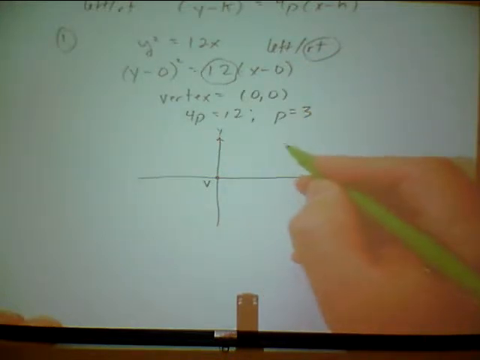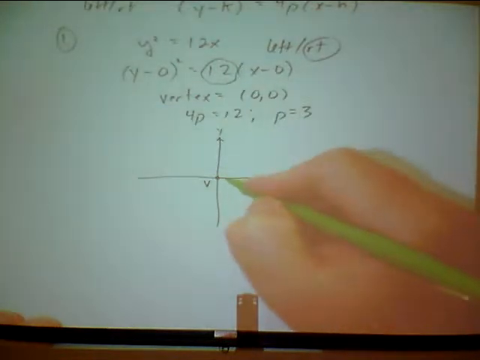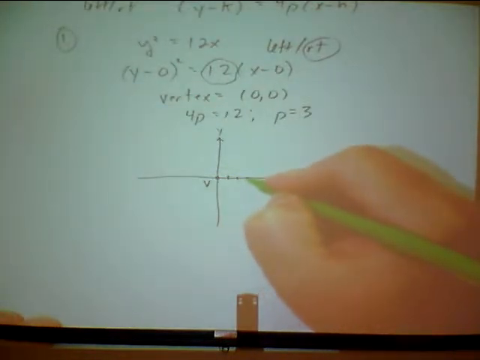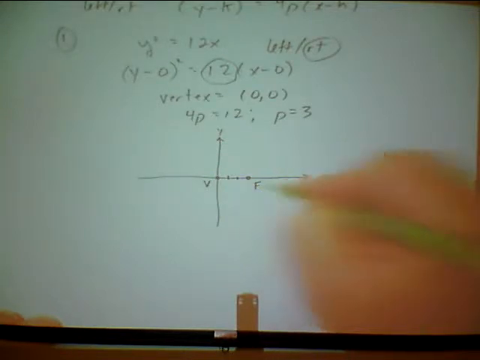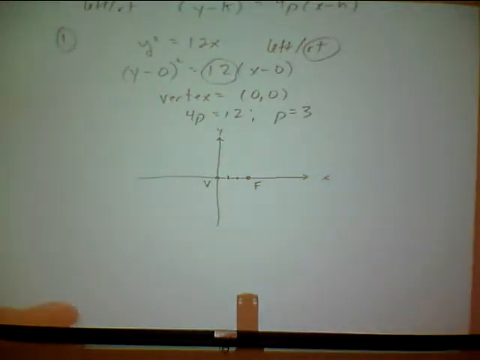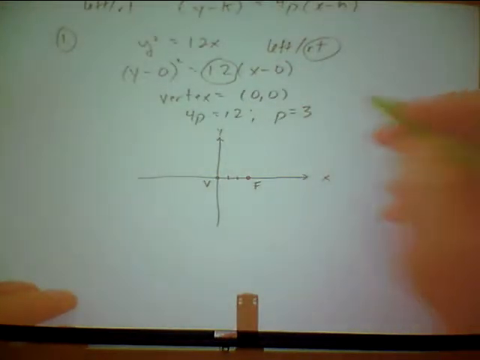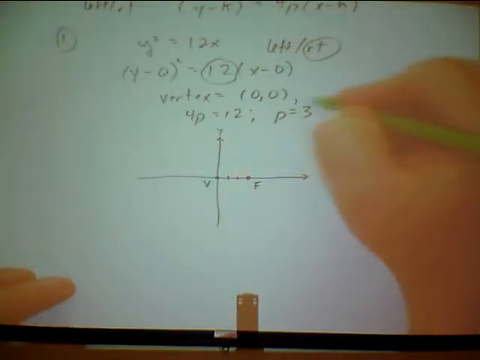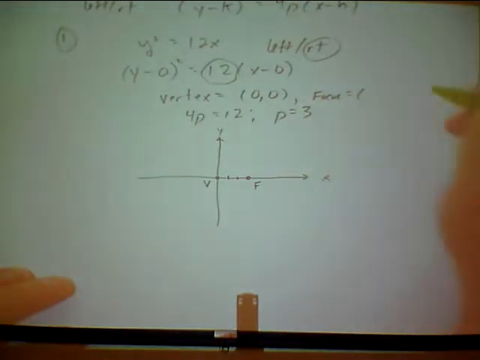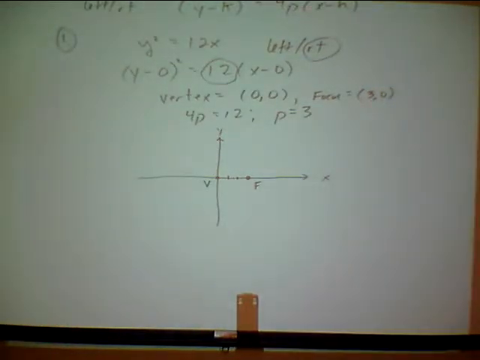So if this parabola opens to the right, that means for my focus, I've got to move 3 in this direction. And there's my focus. As a matter of fact, in case they ask, the focus is actually at (3, 0).